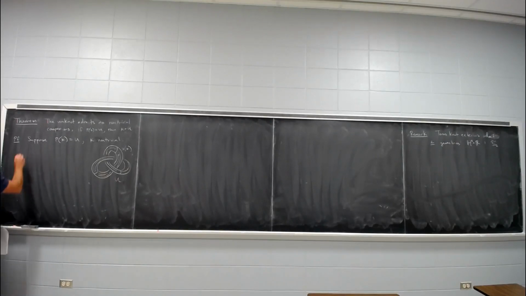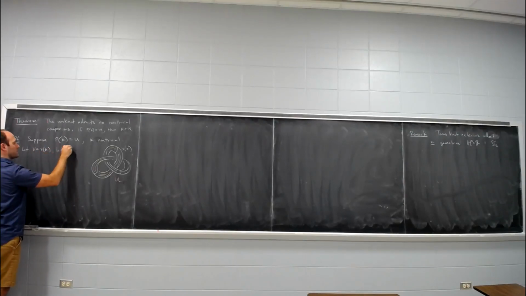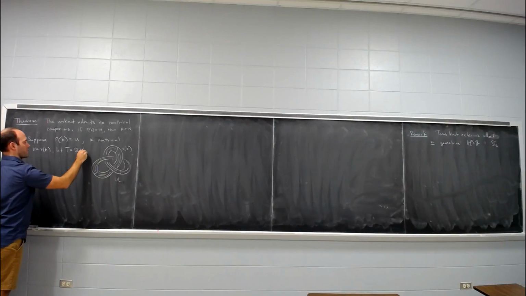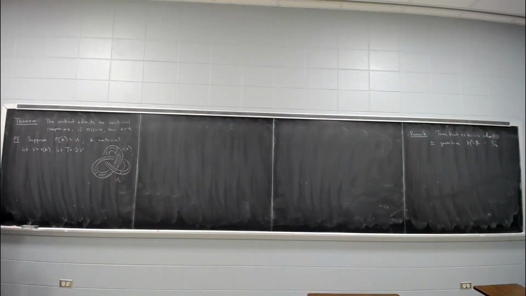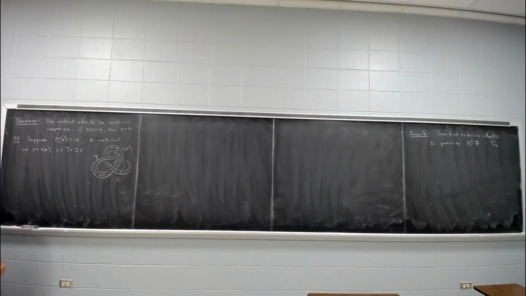So let's let V equal the neighborhood of K, and we'll let T be the torus boundary of the solid torus. So kind of shown here is T, I guess, in white.